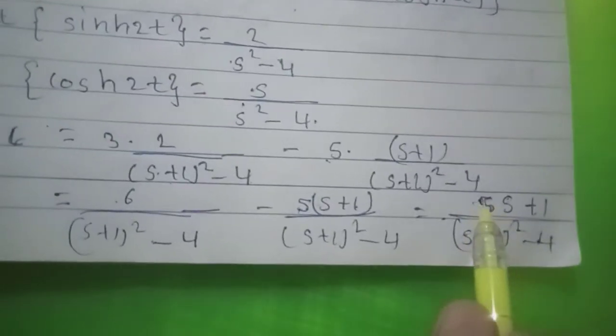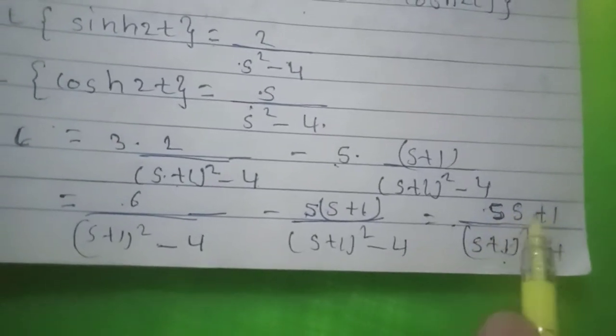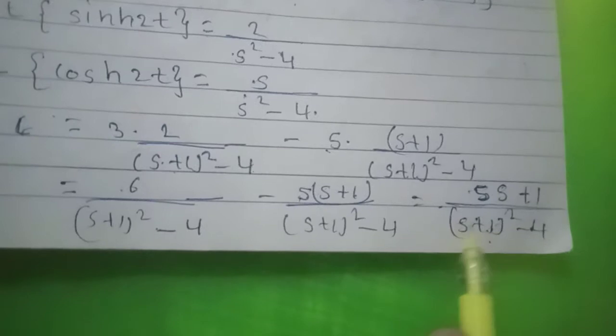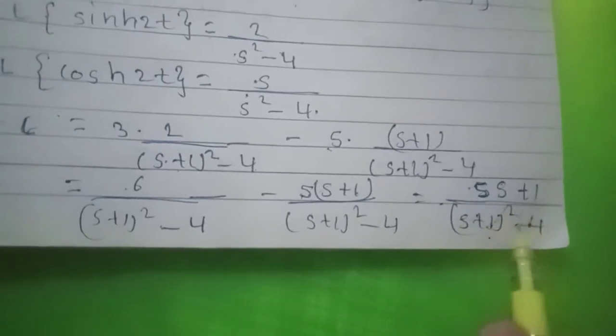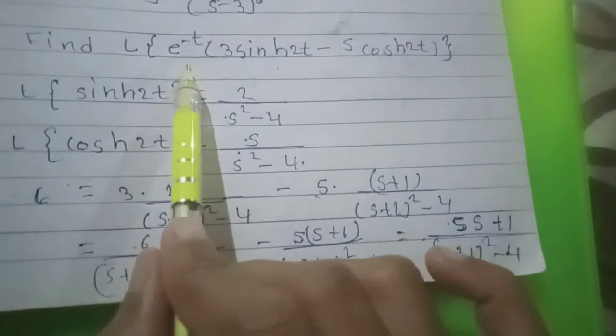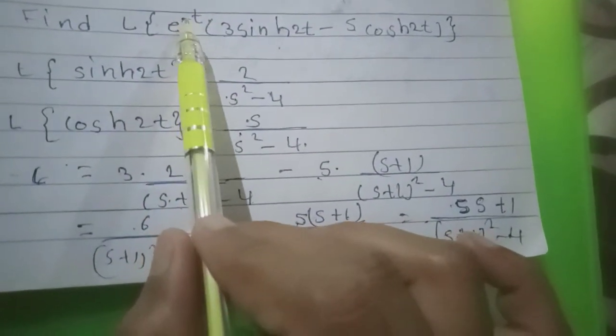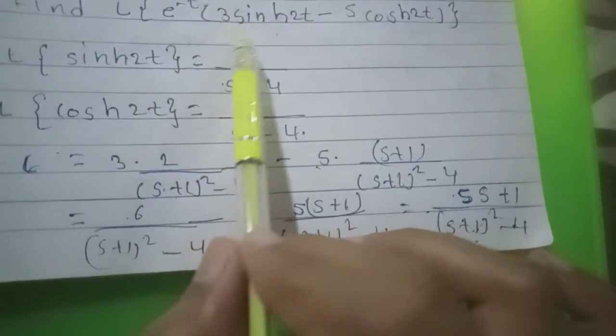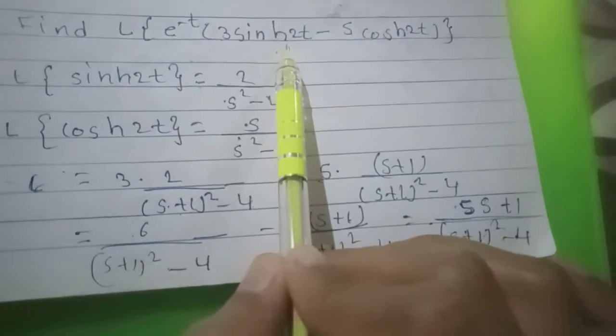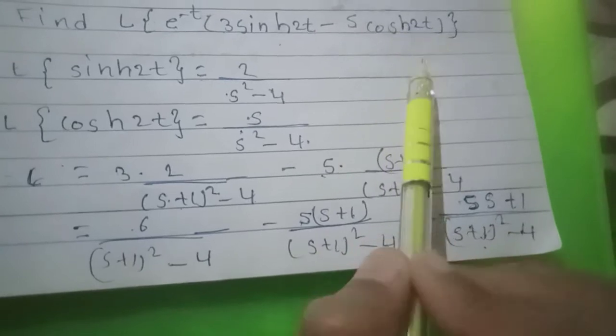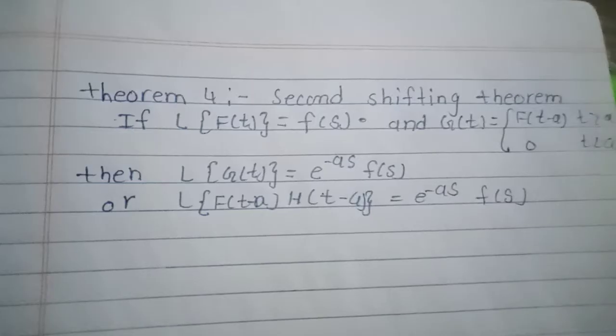Our equation is 5s plus 1 divided by s plus 1 in brackets squared minus 4. This is the value of the Laplace transform of e raised to minus t into 3 sin hyperbolic 2t minus 5 cos hyperbolic 2t.